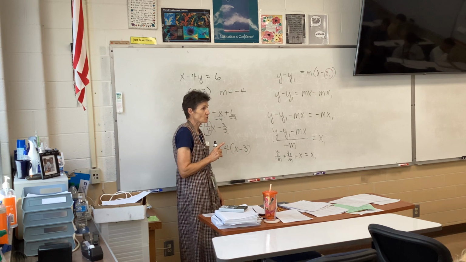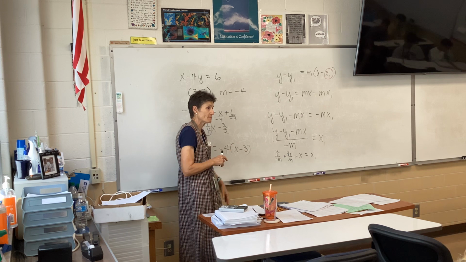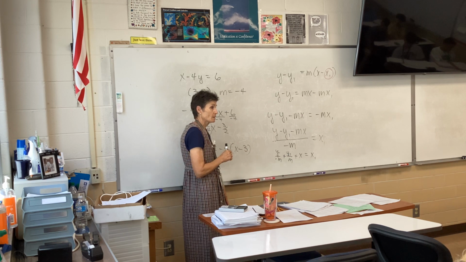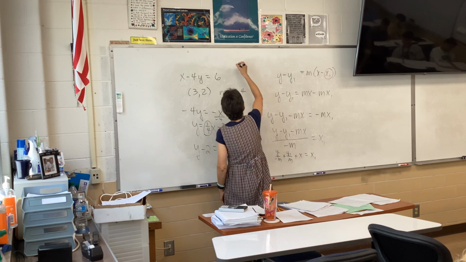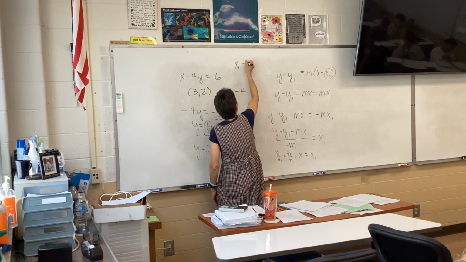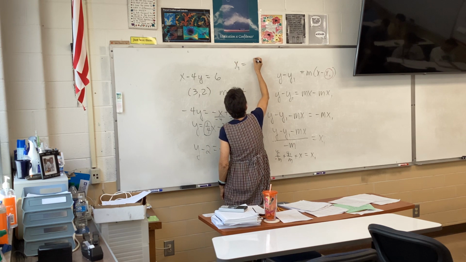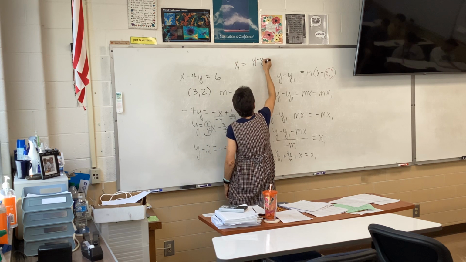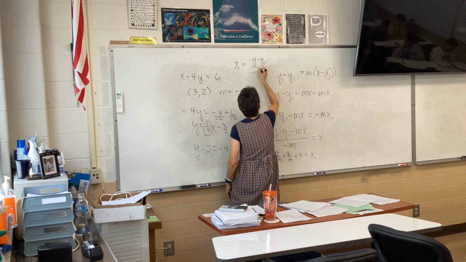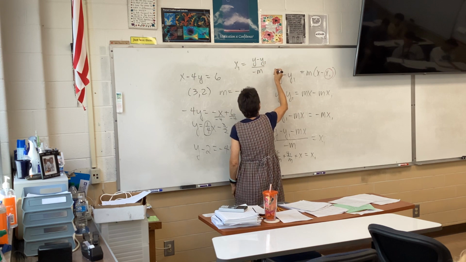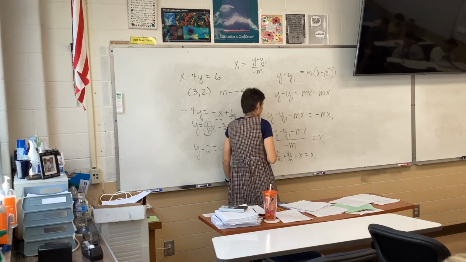Who asked me this question? Oh, have you figured out where you made a mistake? Kinda. Tell me what you wrote. I wrote x sub 1 equals y minus y1 over negative m. That's it. Oh, you lost your x.